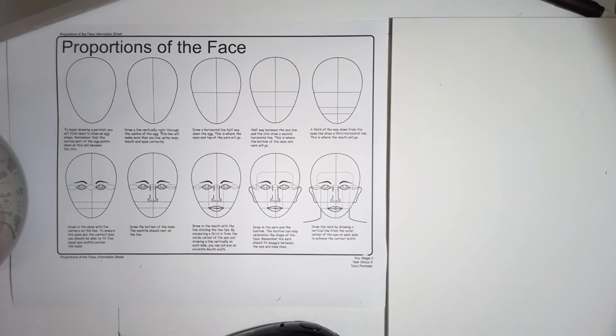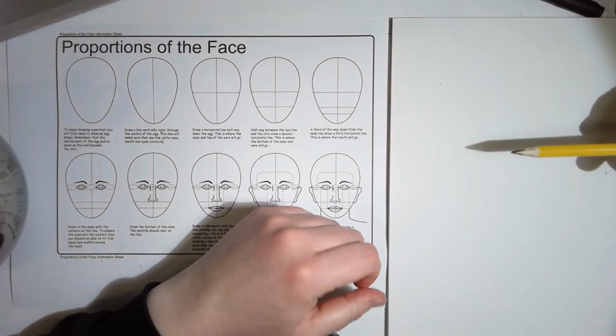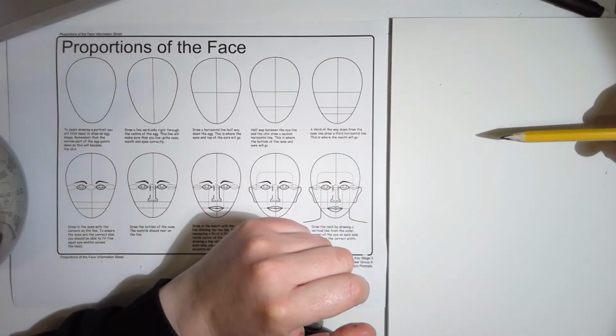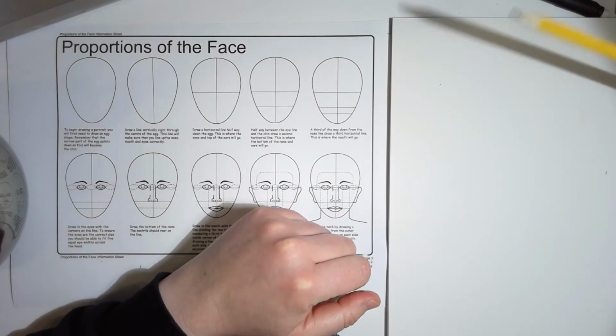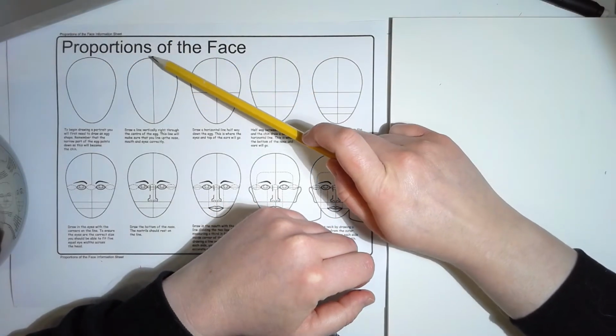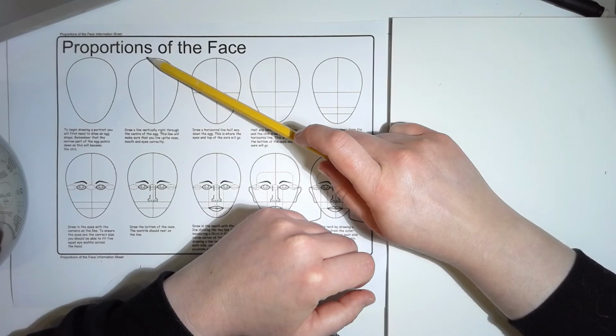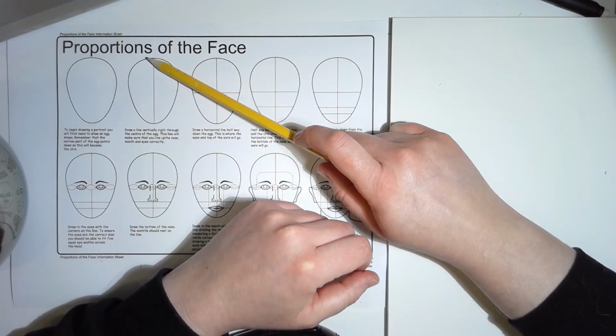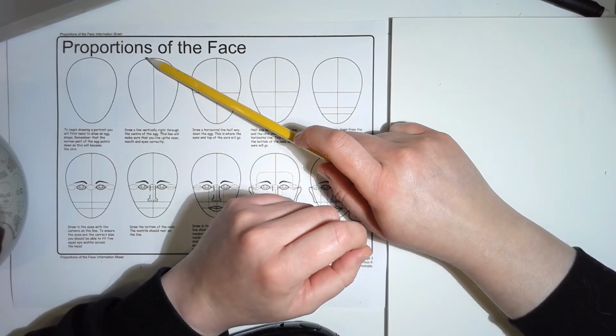Alright, so I've had a lot of requests to teach how to draw a face, which can be the most frustrating thing an artist can do, because it all depends on this one word right here, proportions. Our eyes have the ability to recognize proportions.